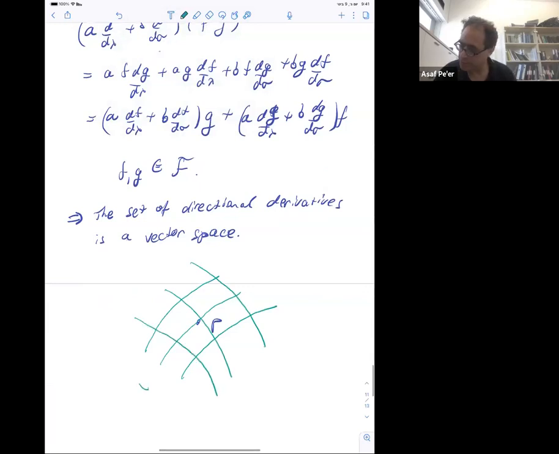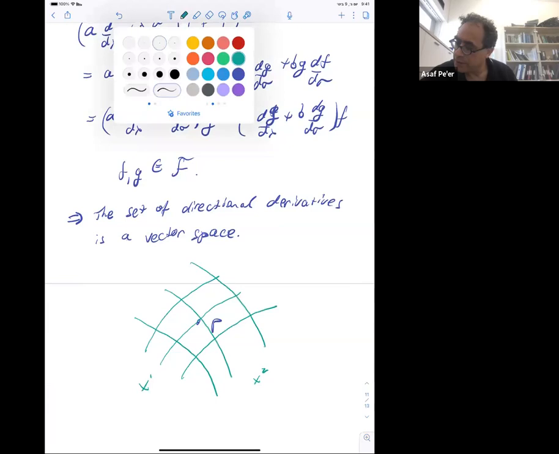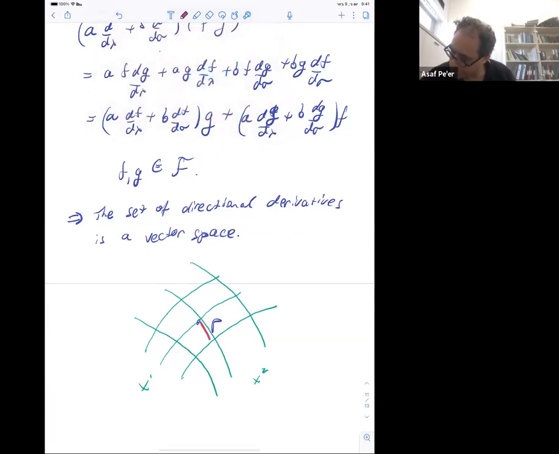Let's say this is x1 and this is x2. The directional derivative would be this one: just take the derivative along x1. This will be d1. And this will take the derivative along x2, keeping the coordinate 1 fixed. So this will be d2.